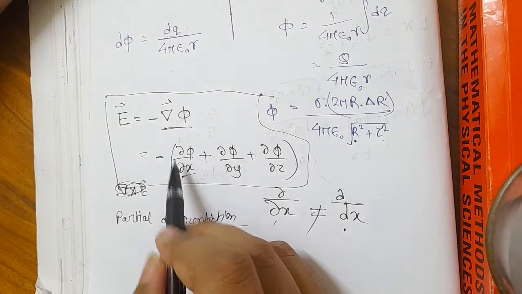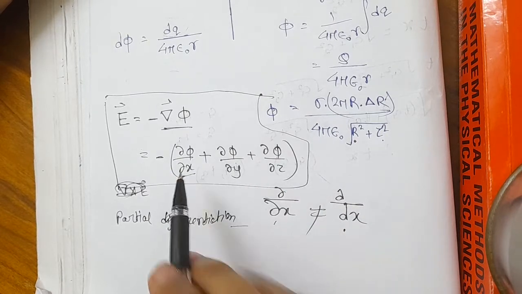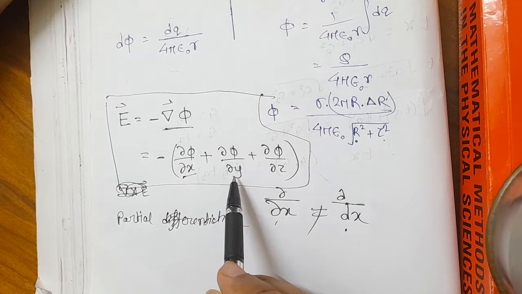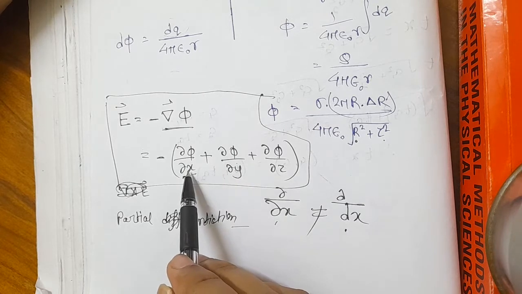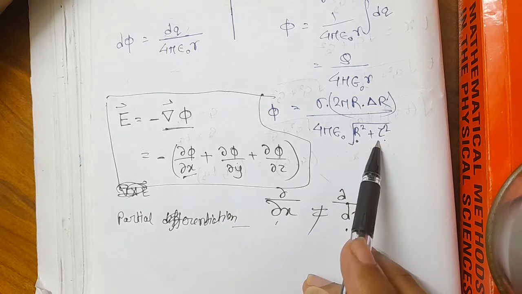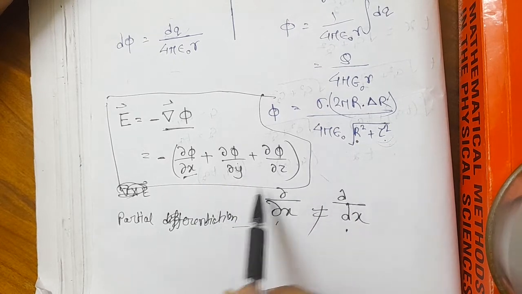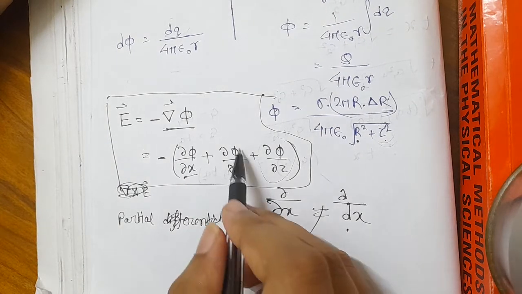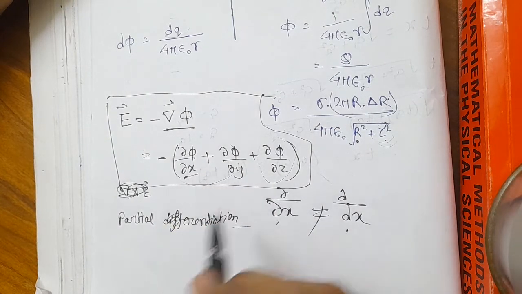When you use del by del x, you will differentiate only with respect to x, and so on. Here you will treat y and z as constant. Here the only variable is z, so you will just use del phi by del z because the rest of the differentials will be 0 here.